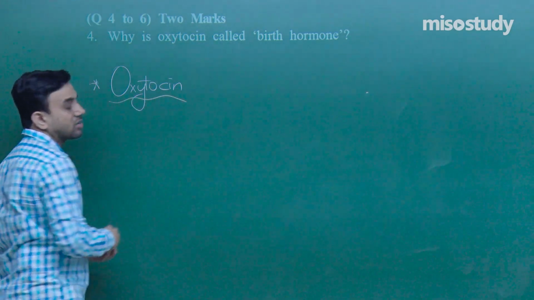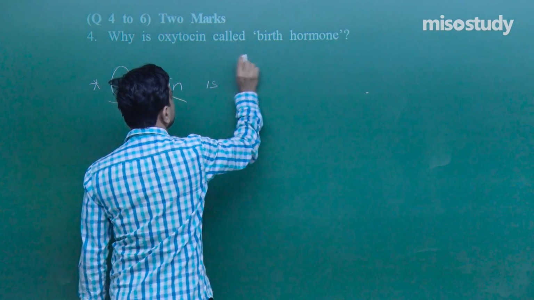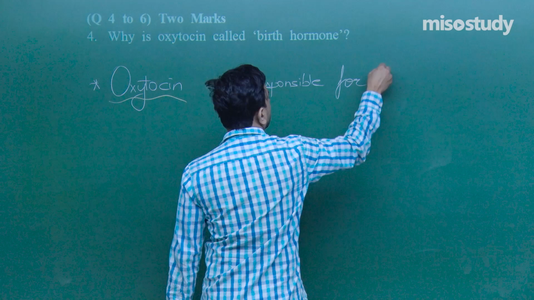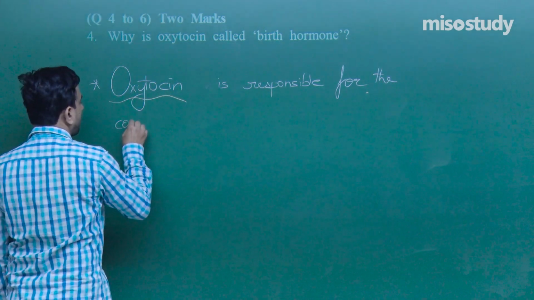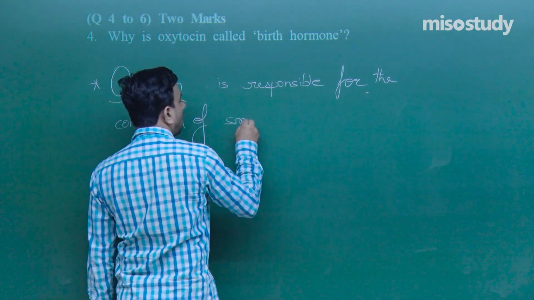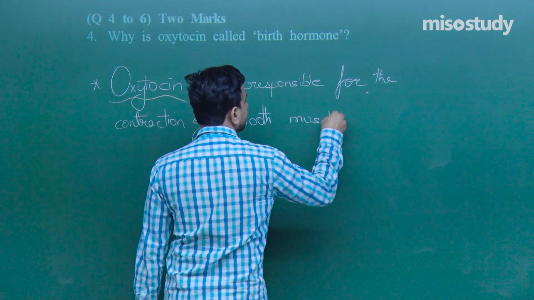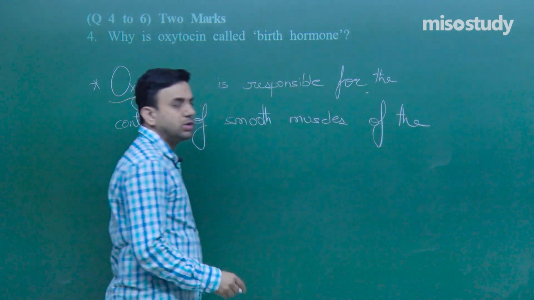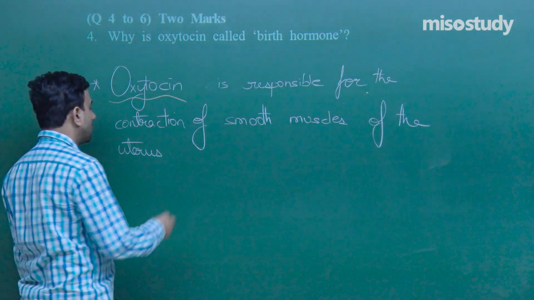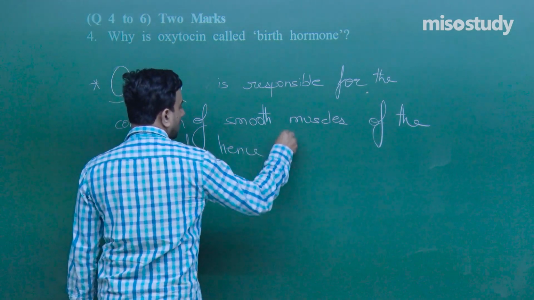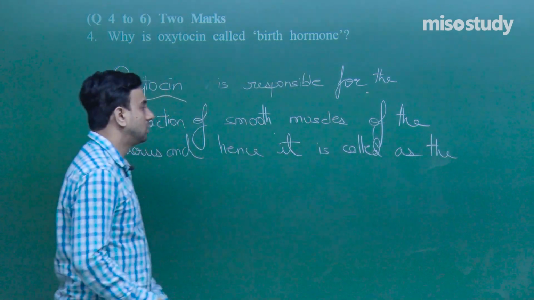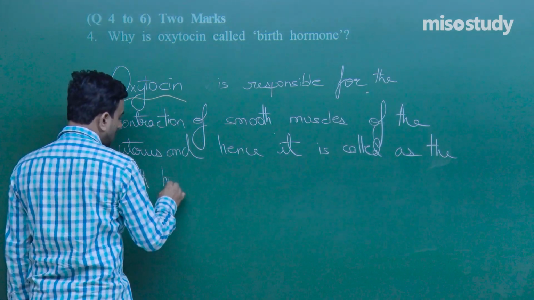Oxytocin is responsible for the contraction of smooth muscles of the uterus, and hence it is called the birth hormone.